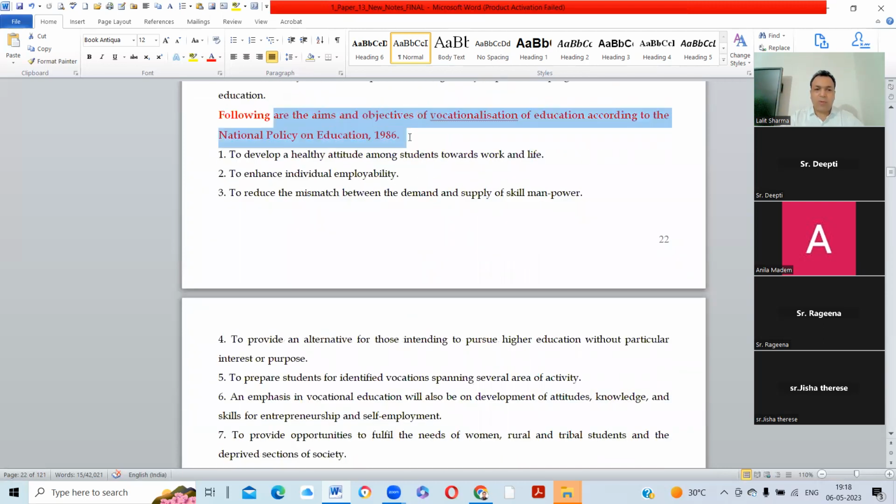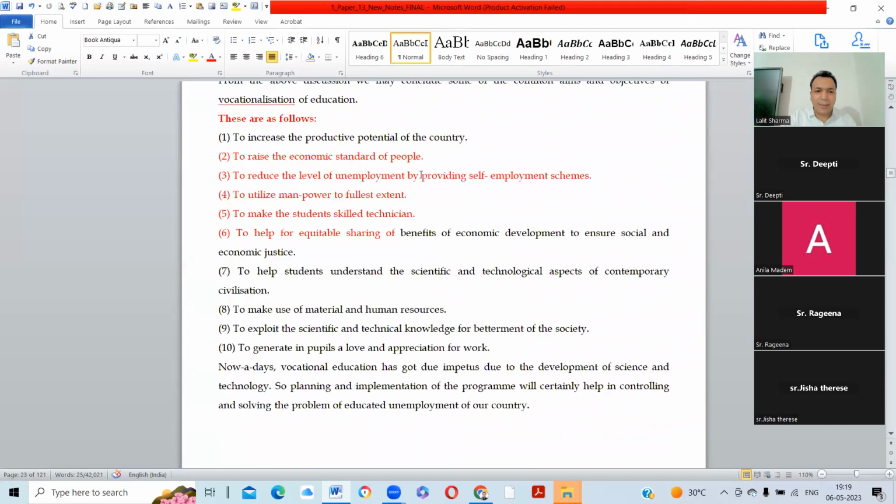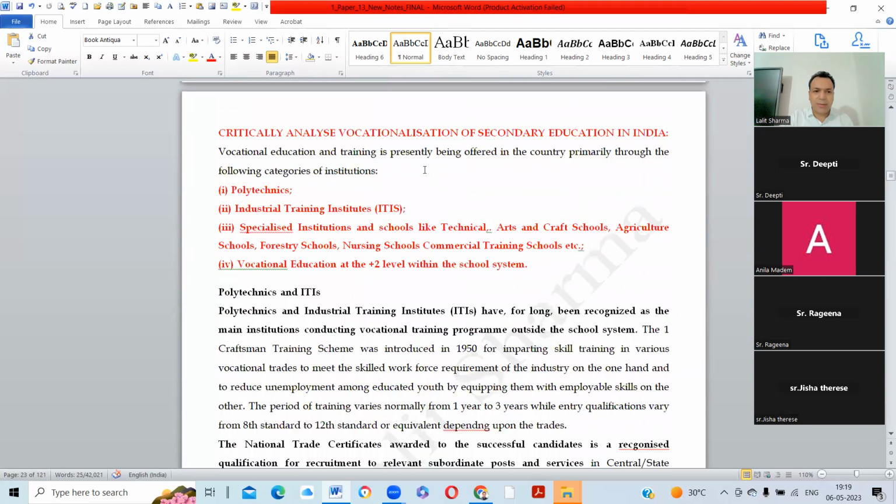First of all, you have to talk about the following aims and objectives of the vocationalization of education according to the NPE. First you have to talk about what the NPE 1986 says about vocationalization of education. What is the Kothari Commission 1964-66 saying about the vocationalization of education? You are doing the critical analysis, so these are all the points.